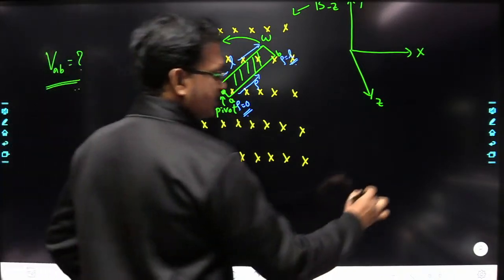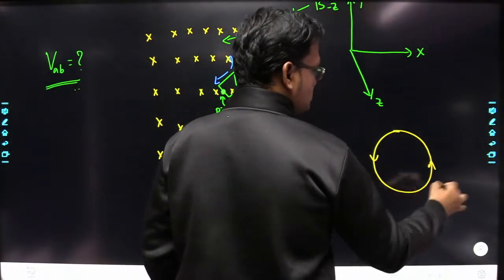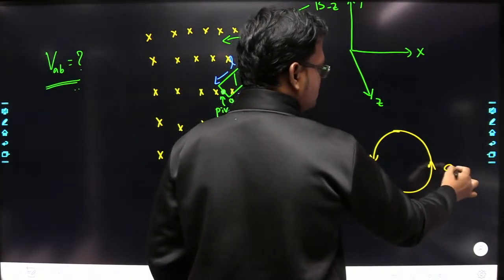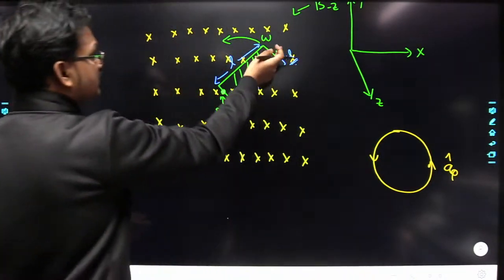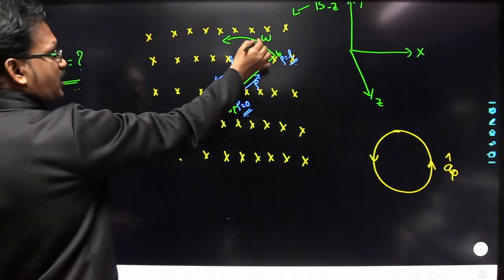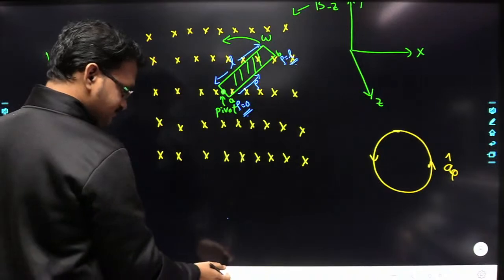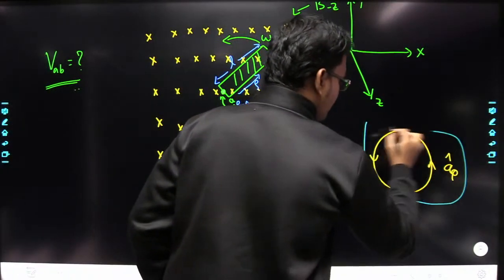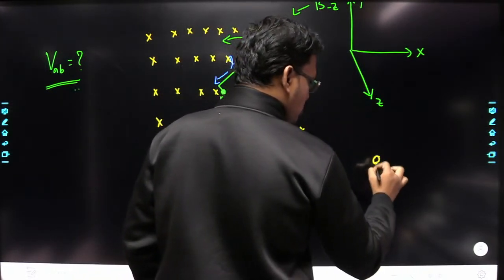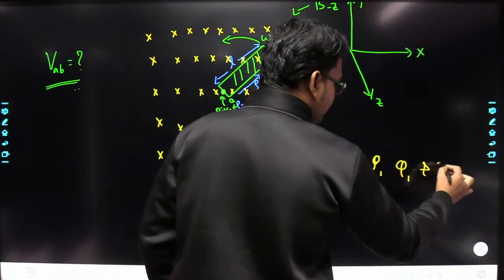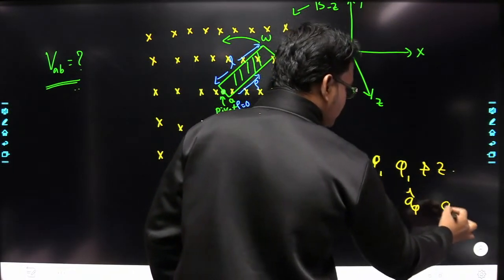If it is circulating like this in the anti-clockwise direction, we call this direction the a phi cap direction. In the cylindrical coordinate system, the variables are rho, phi and z, and the unit vectors are a rho cap, a phi cap, a z cap.